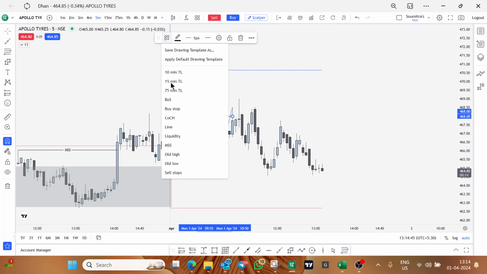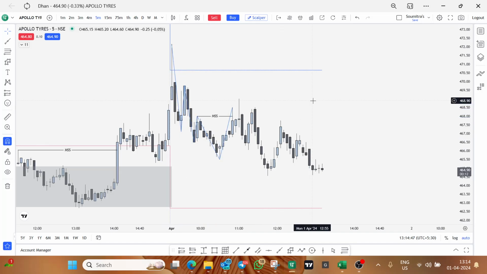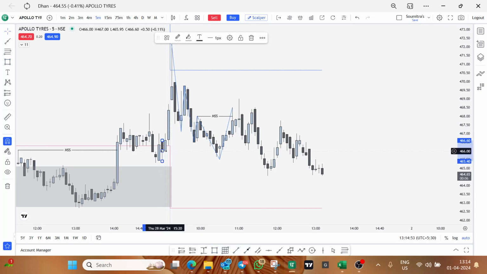This was a market structure shift, and I was bullish, so I was thinking that it is reacting from this order block here.